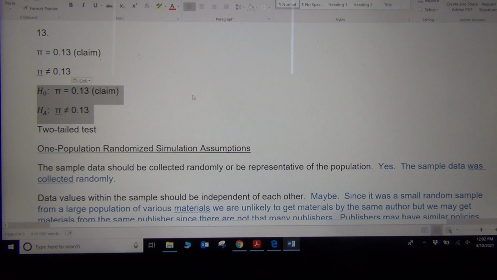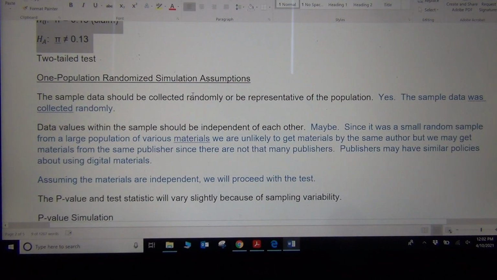All right, so now we want to check the assumptions. They told us to check the assumptions. So the sample data should be collected randomly or be representative of the population. Yes, they said in the problem that data was collected randomly. Data values within the sample should be independent of each other. That's a tricky one. Again, we may be getting materials from the same author or the same publisher.